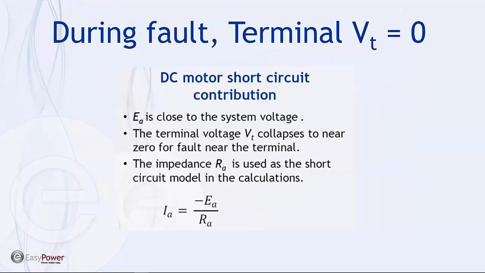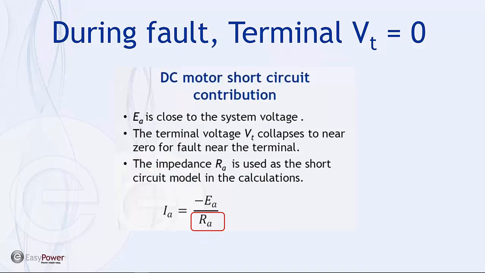During a fault on the terminals, that terminal voltage goes to zero, and so the impedance for the armature resistance can be calculated based upon the voltages that are left in the system, and that's the induced voltage and the resistance of the armature itself.